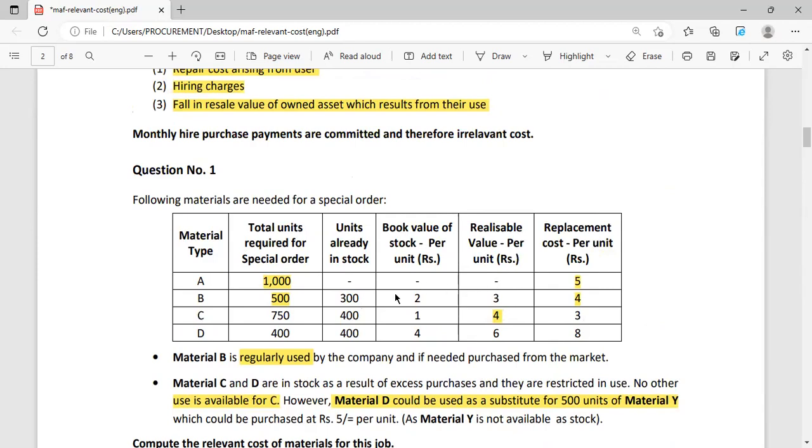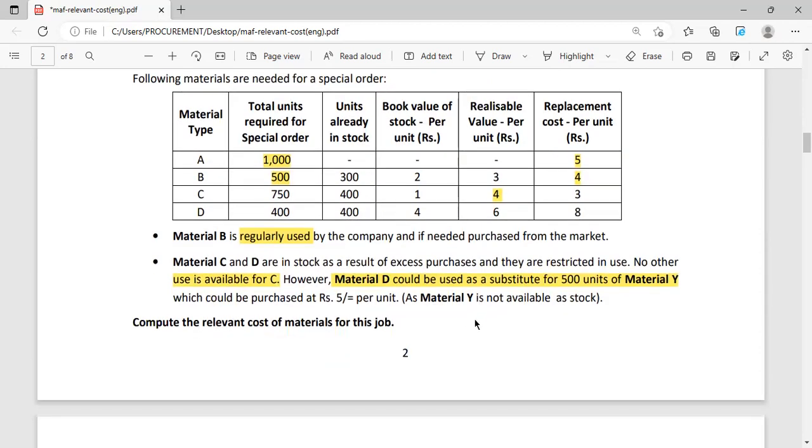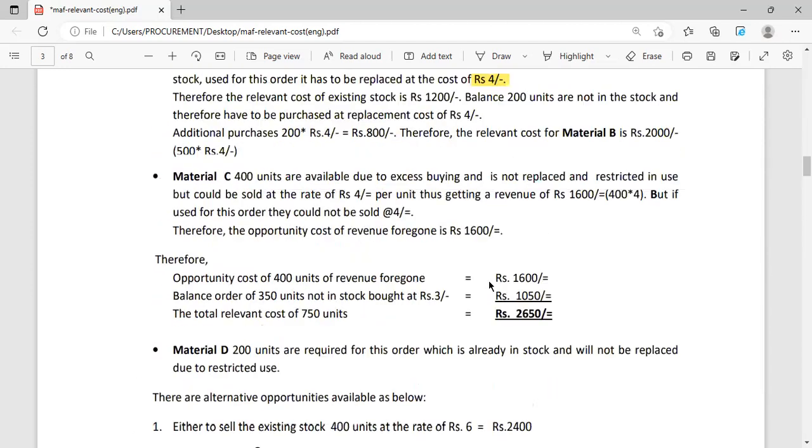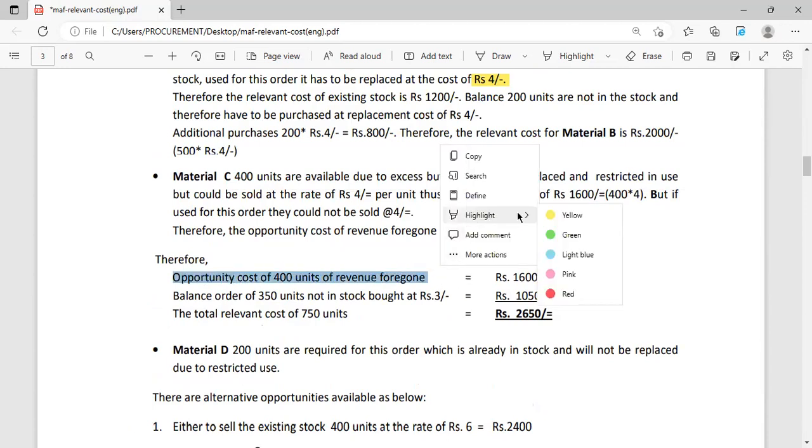So if we are using this particular 400 now for this project, the opportunity cost here is 4 naira times this particular 400. So 4 times 400, it will be 1,600. So that's why we have it here. So the opportunity cost now is this, because they have two options.